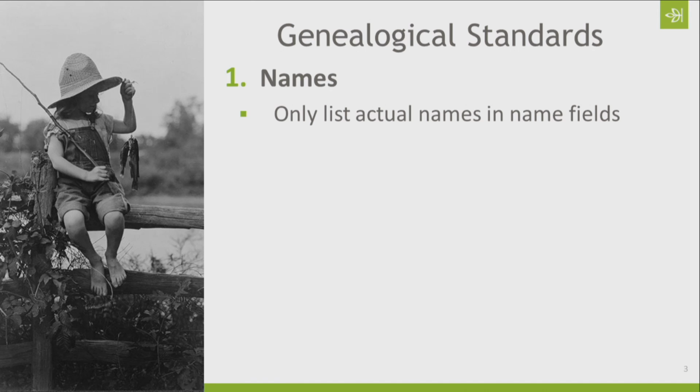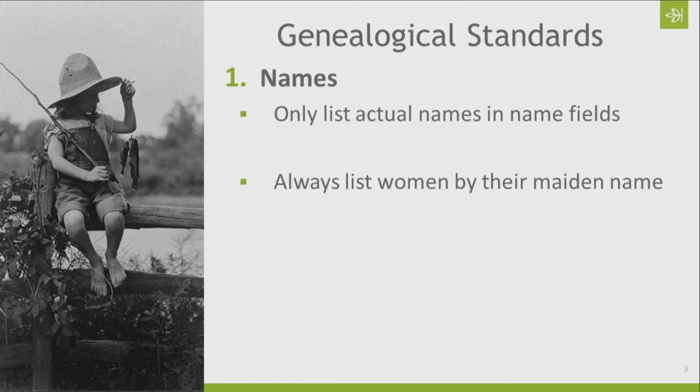Now I know, again, it's your tree, you can do what you want, but just recognize that if you put characters for any reason into that field to denote whatever it is that it means to you, that first of all won't be recognized by other people and may even cause some problems with the hinting and searching features that are automated in the Ancestry system. So don't enter characters into that field. Characters are things like asterisks, question marks, quotation marks, whatever, okay?